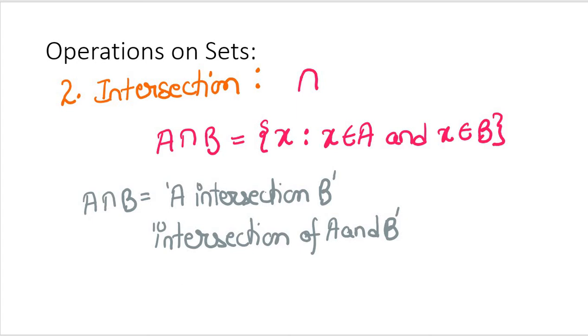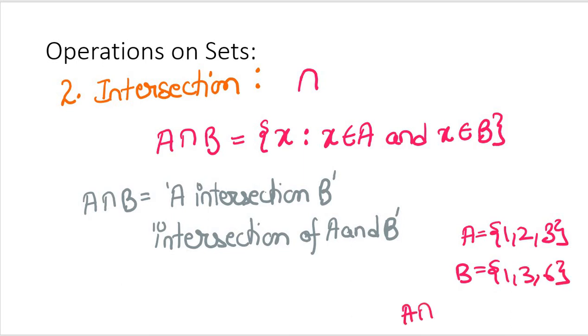So what we get out of the intersection is the common elements. Let's take one example. If suppose I have a set A which is 1, 2, 3, and I have B which is 1, 3, 6.